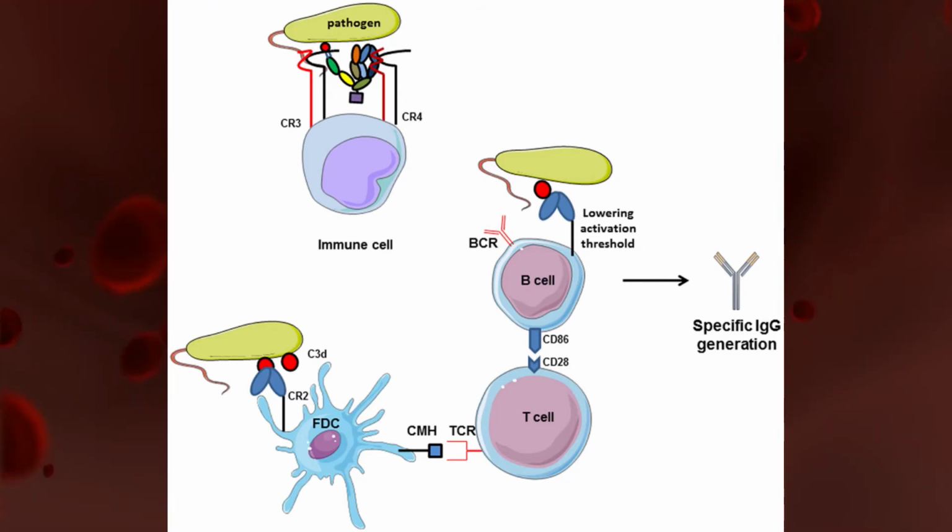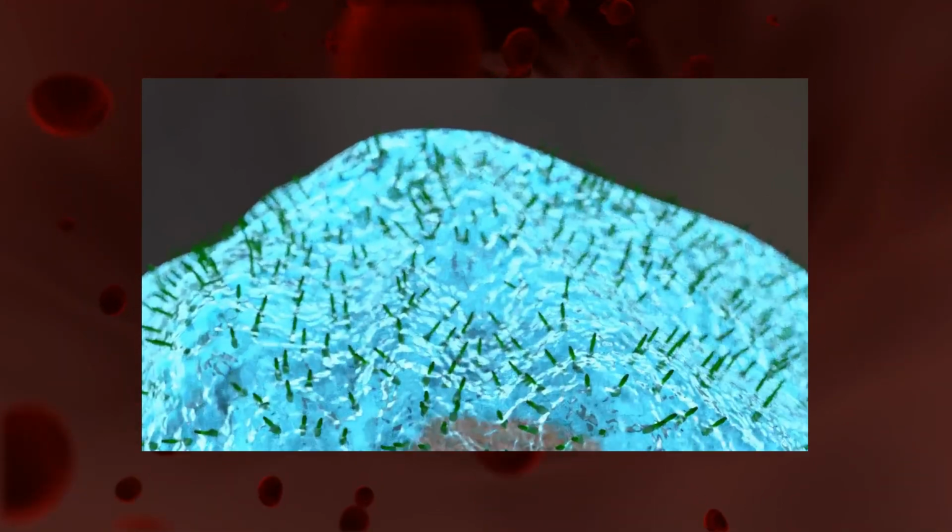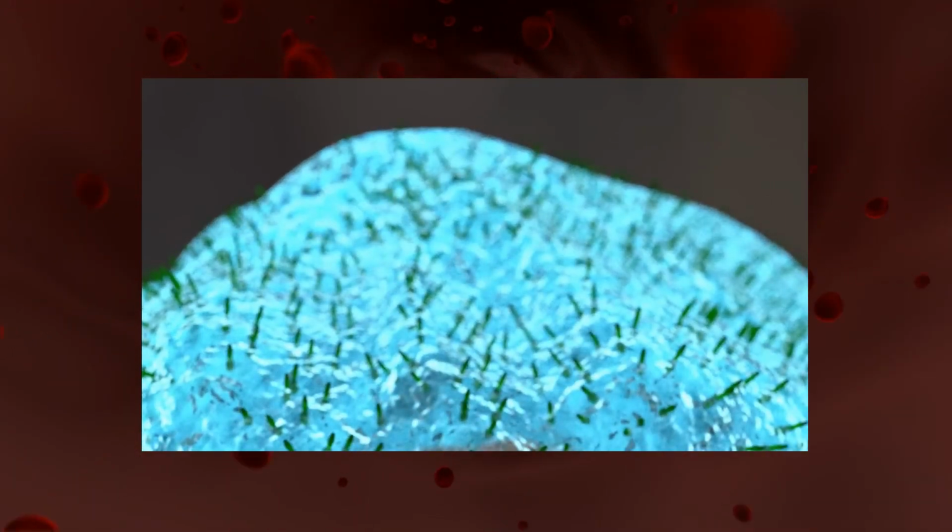When you remove C3 in particular, which is an important part of the complement cascade, you don't get that response anywhere near as well. It greatly diminishes the efficiency of the adaptive immune response.